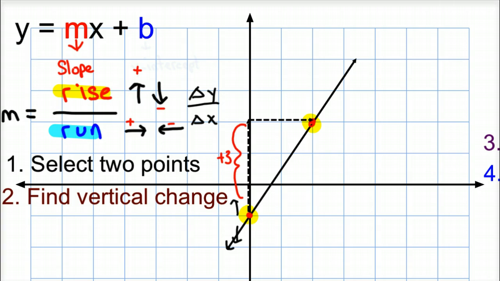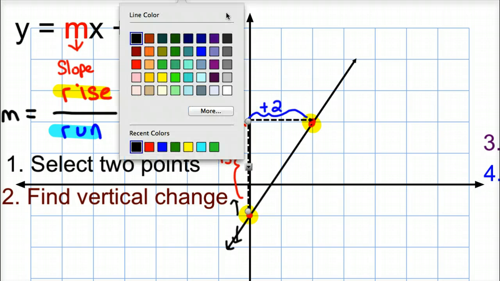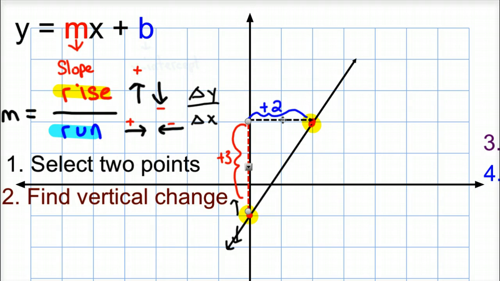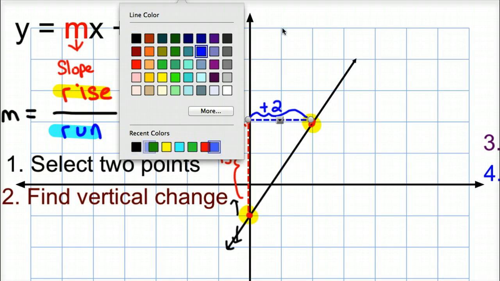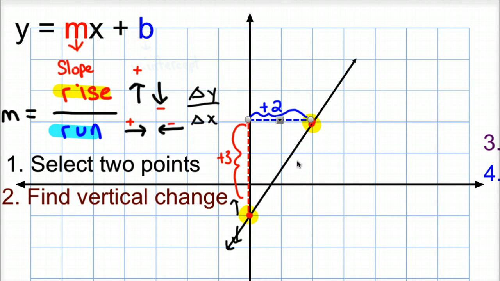Therefore, I can say this is going to be a positive 2 run. So from this point to this point, I had to move to the right 2 units. This denotes my run. The positive 3 was my rise. So this line here was my rise. This line here was my run. So positive 3 over positive 2.